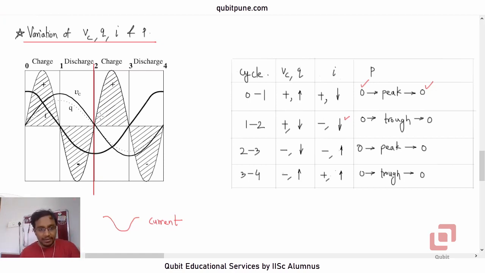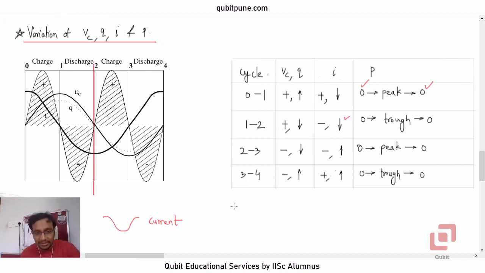Now let us go to the third quarter of the cycle, 2 to 3. Both current and voltage in this case are negative. The voltage is decreasing now, it's negative. And what is happening to current? Current is actually increasing, but it is still negative. So this indicates the charging in the other direction.